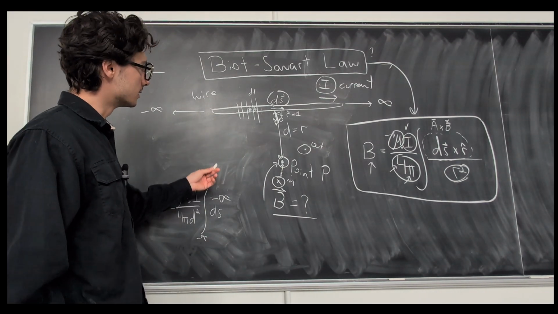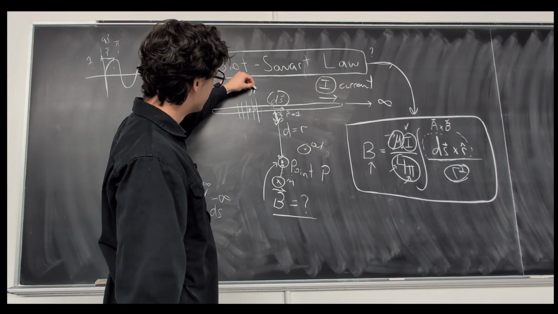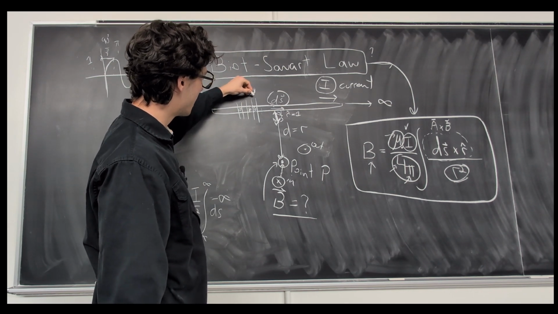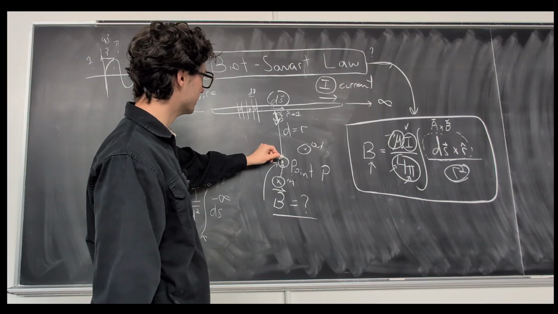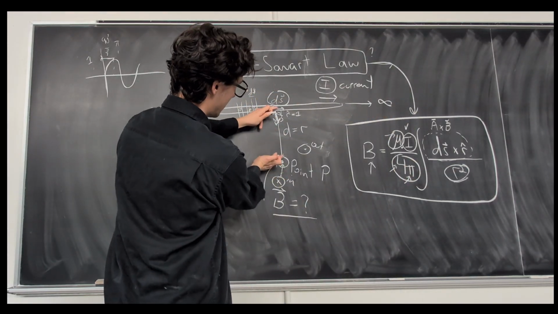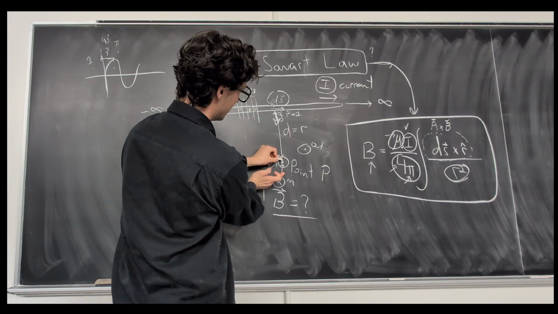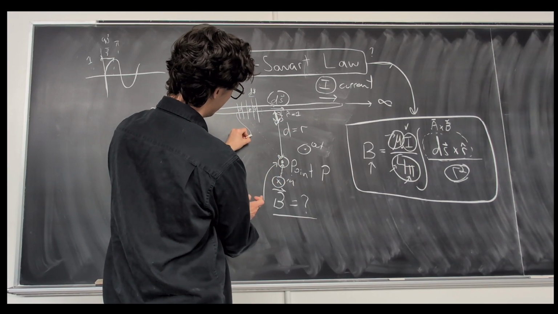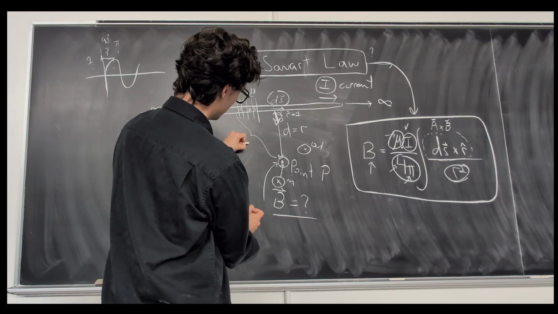So my mistake was that, you know how I told you guys about this summation of the contribution of this piece of wire, ds, to the magnetic field here? Well, this r here is not the same as this r, which we said was d. It is actually from here to the point here, and this does not equal d.